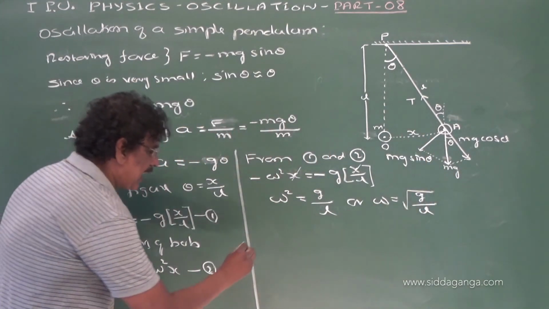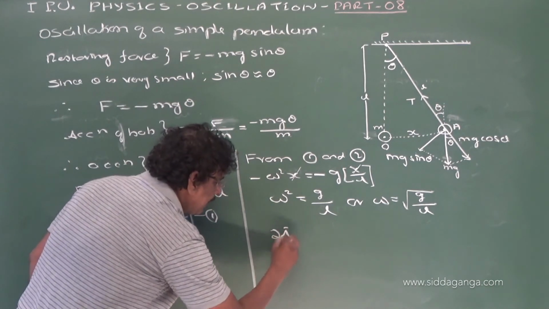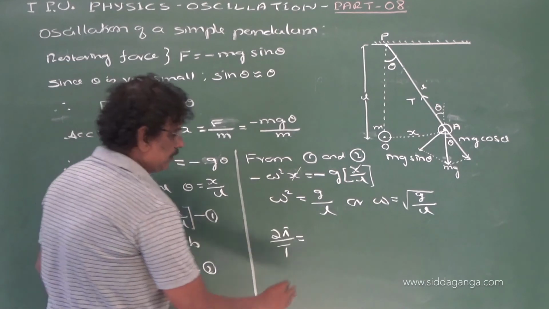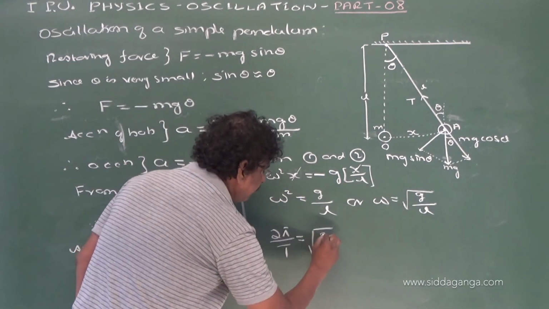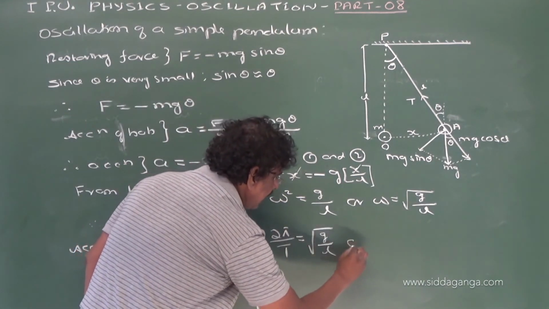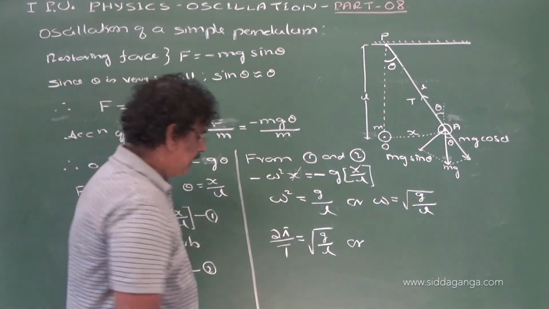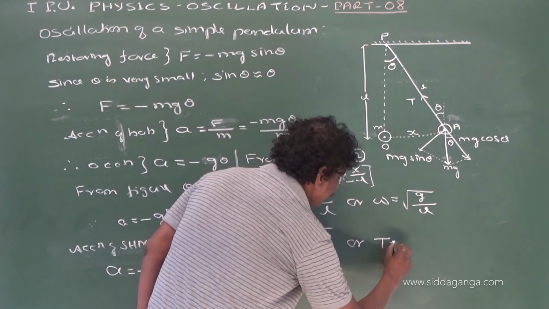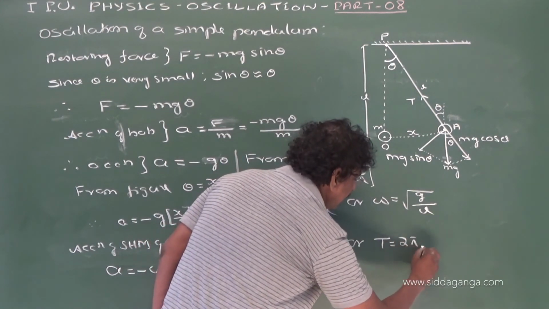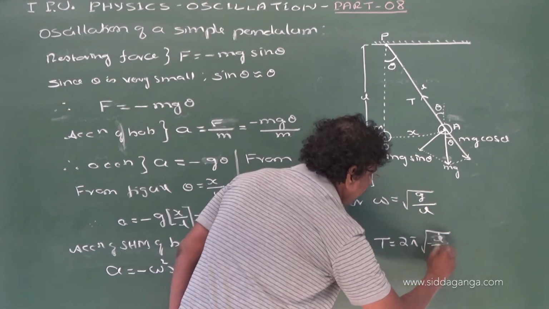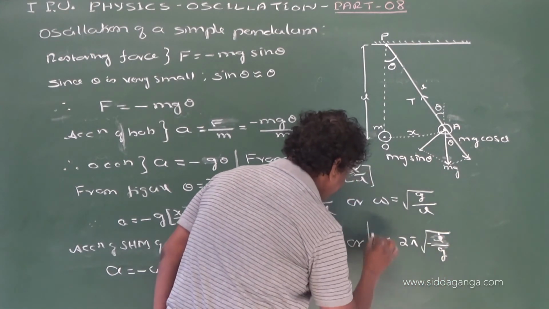But what is omega? 2 pi by T is equal to the square root of g by L. Equating that, T is equal to 2 pi into square root of L by g.